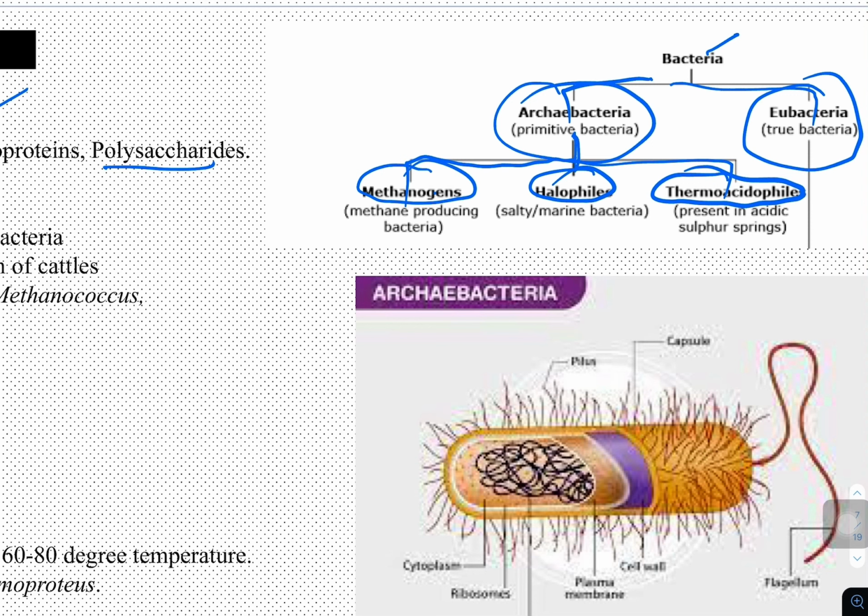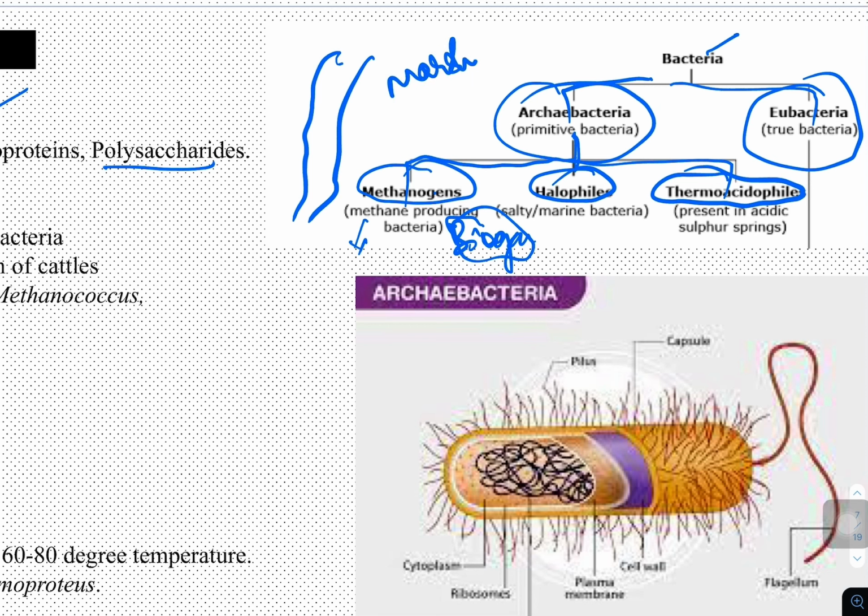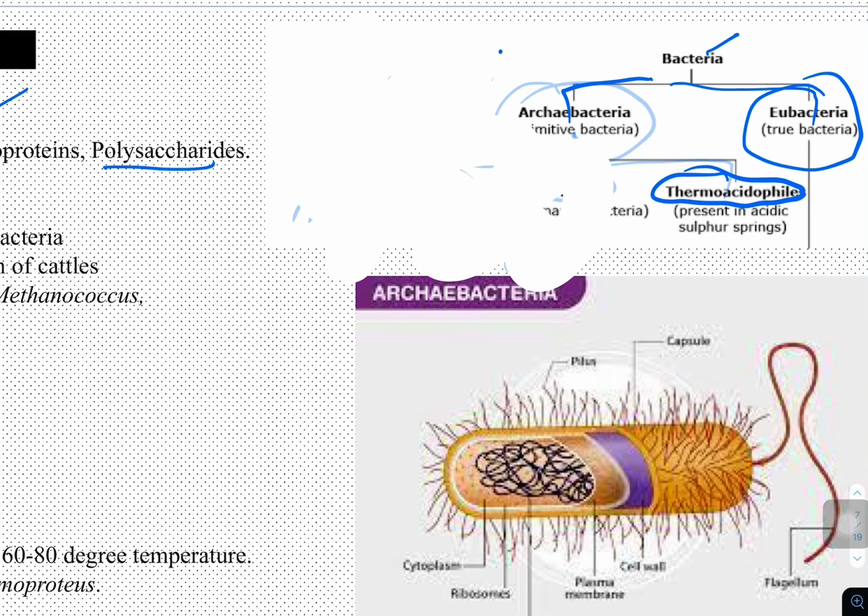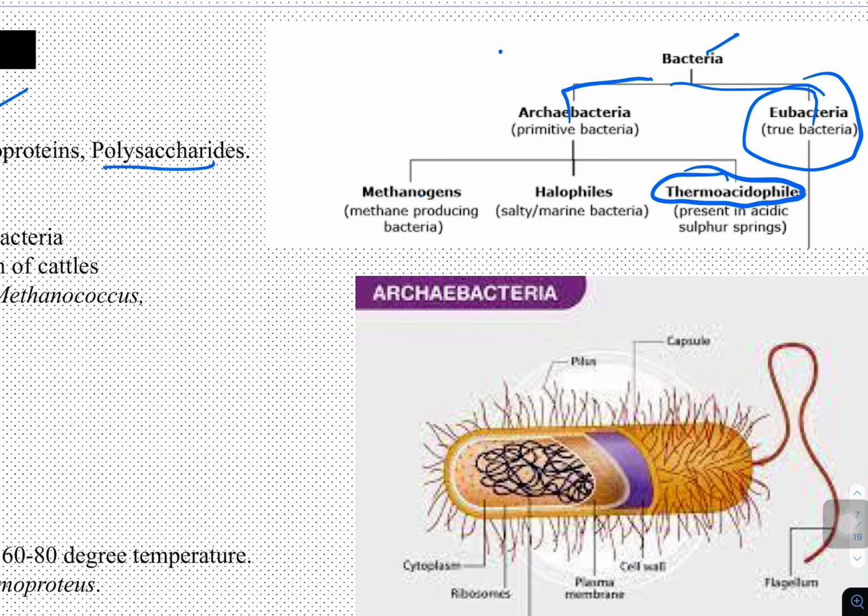Methanogens are the bacteria present inside the guts of cattle, where they help in biogas production, that is, the formation of methane. Hence biogas is released, and so they are called Methanogens. They live in marshy areas also.